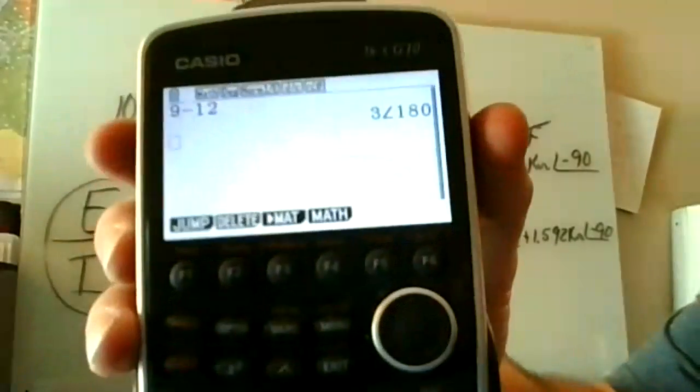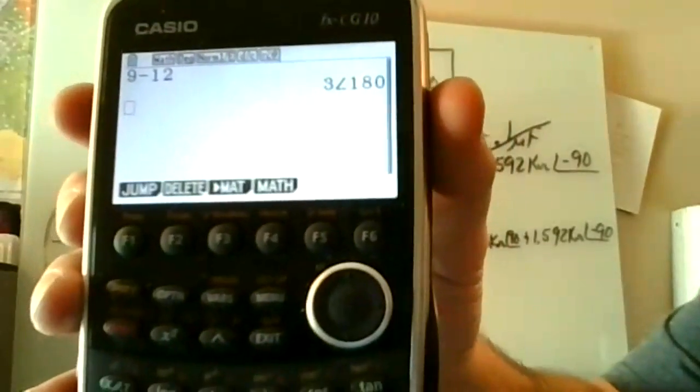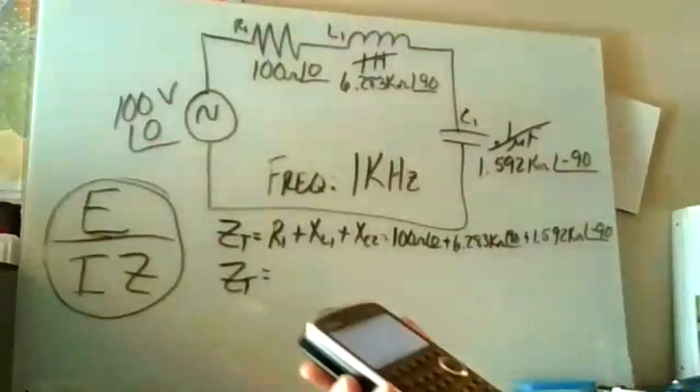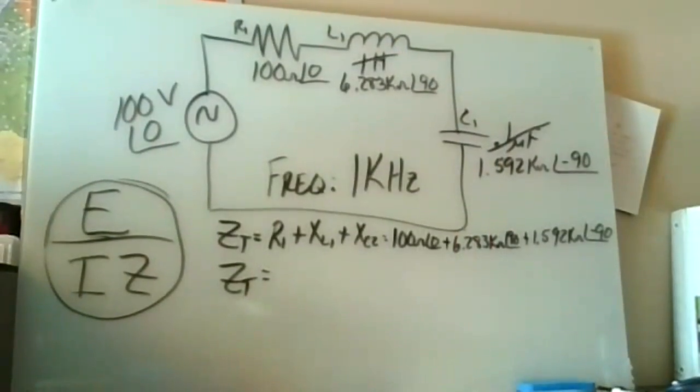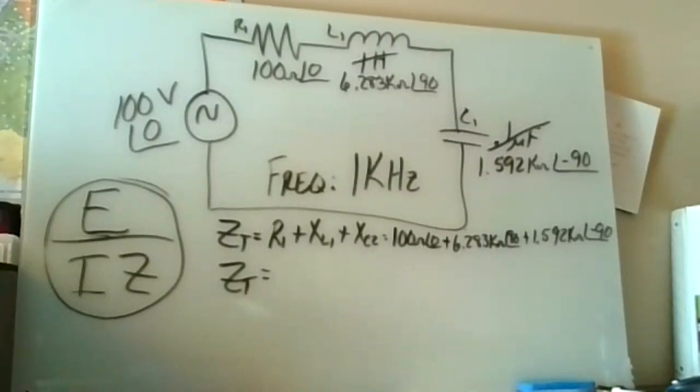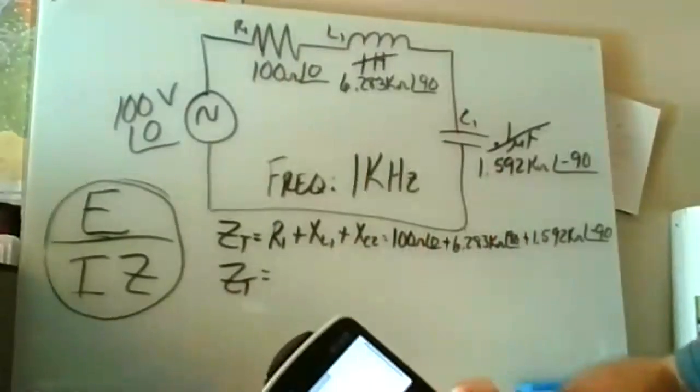I'm going to get an answer that says 3 at an angle of 180. That just means it's a negative 3. So you either have to go back and change it or just use a different calculator. I would recommend you use a different calculator and keep this one set up.